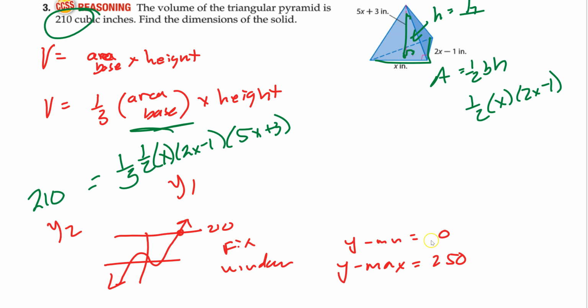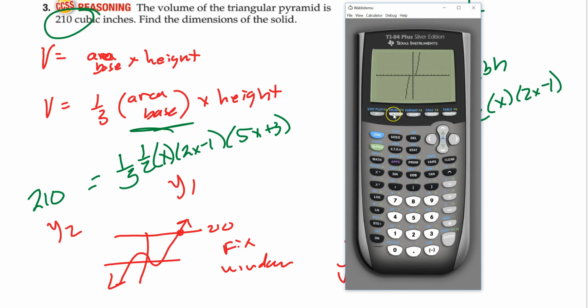I'll make it 0, but you've got to make sure your y goes all the way up to 210. So let me fix my window because it doesn't go high enough right now. My y max only goes to 10. I need to go to 210, so make it 250, so you can see it better. So you see how it's way up there now, and there's my graph, and there's 210.